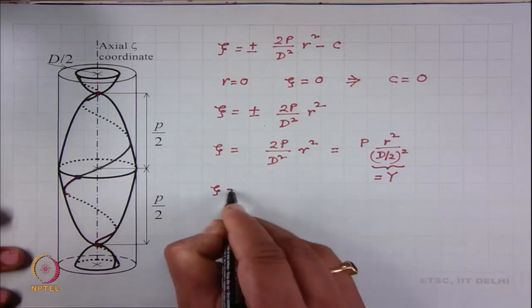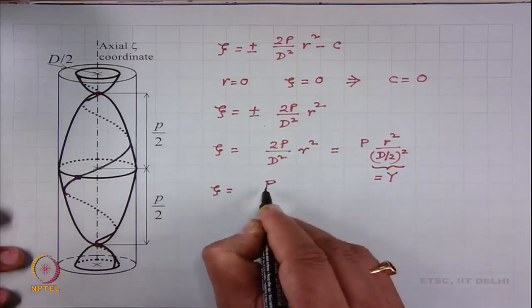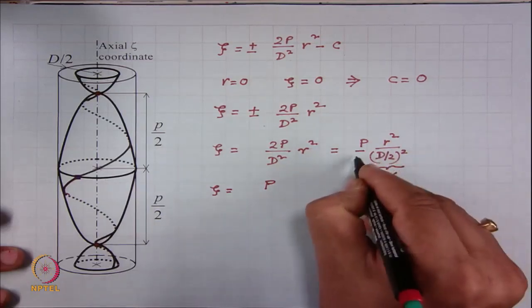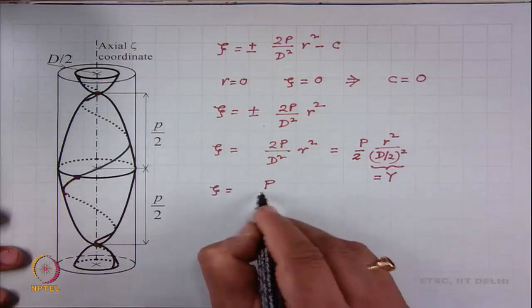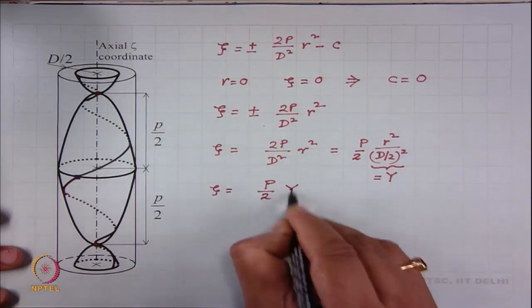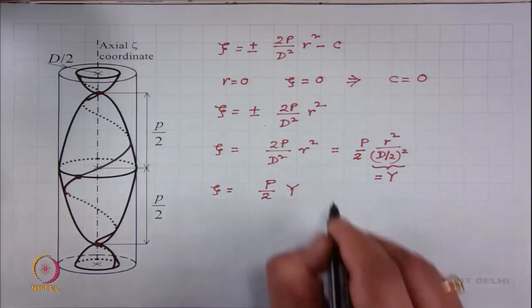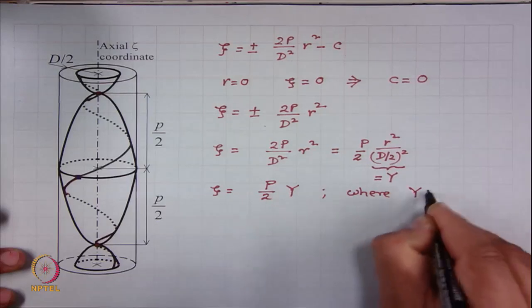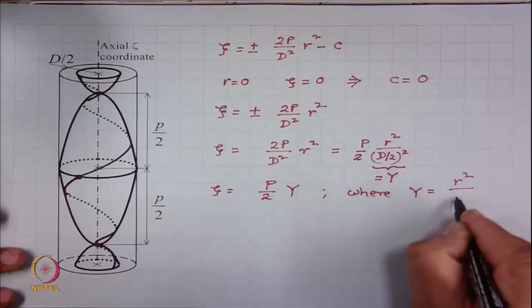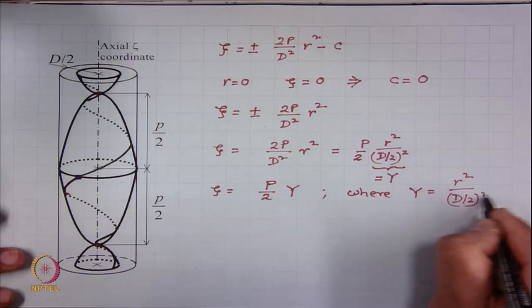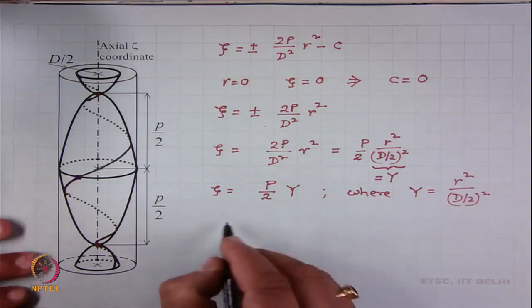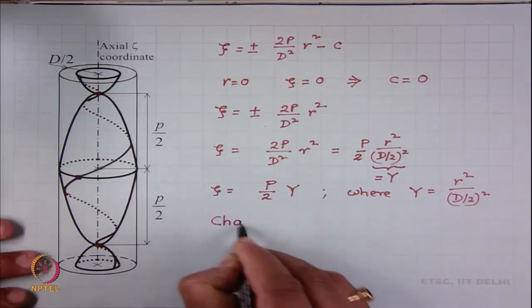Zeta is equal to p by 2 into y, where y is equal to r square by d by 2 square. Now, we introduce characteristics of migration.